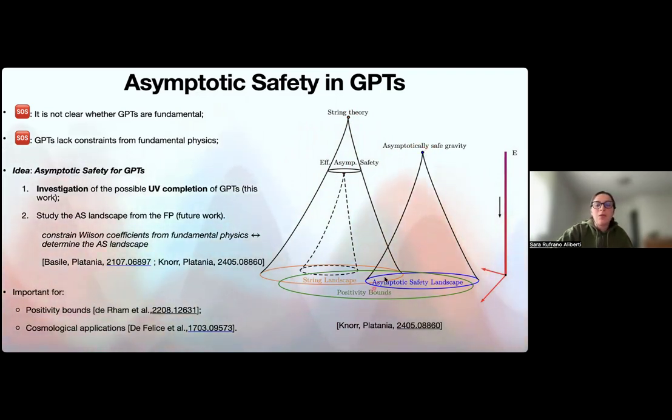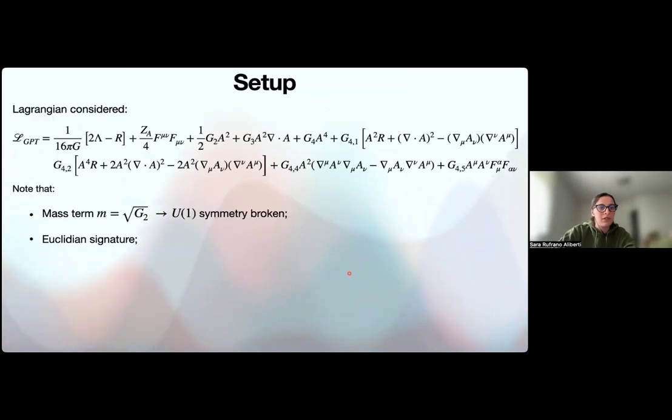And once we have obtained the landscape, we are able to compare it, for example, with positivity bounds. In our case, for our future work, we need to study the asymptotic safety landscape in order to compare it with positivity bounds and all the cosmological data. Okay? So, whether these theories are compatible with fundamental physics.